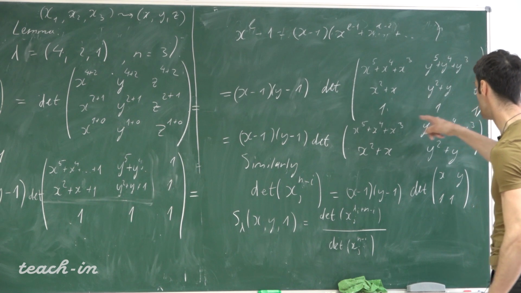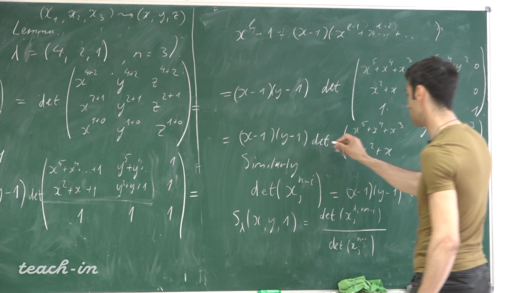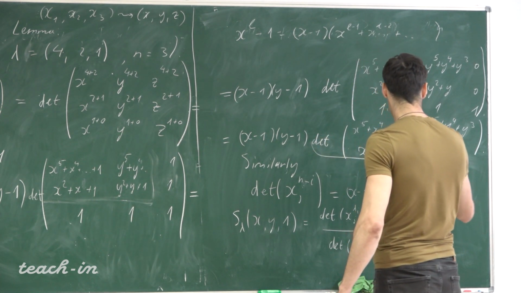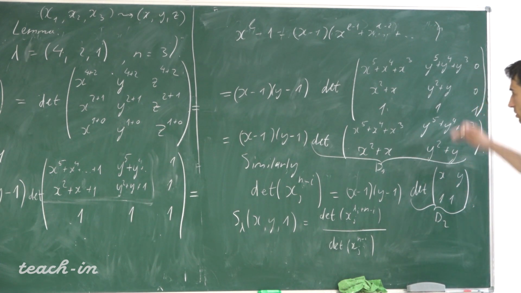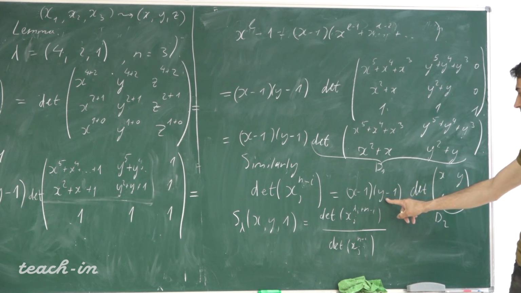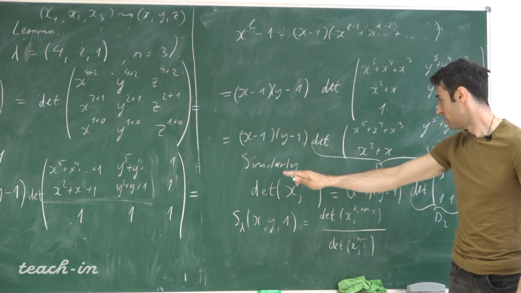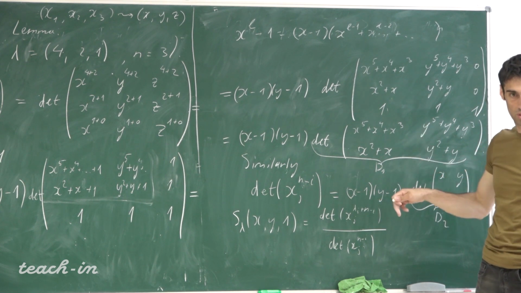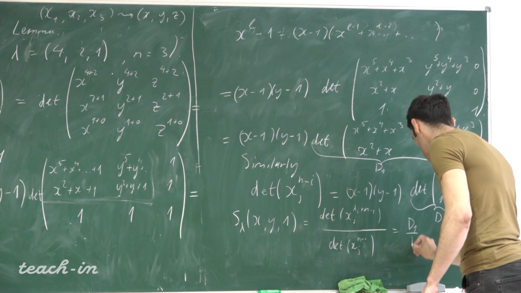So these two we rewrote like this. Let me denote this determinant as d1 and this one as d2. So I divide this by this, and x minus 1 times y minus 1 cancels. It is in numerator and in denominator, so it cancels. So what happens is just d1 over d2.